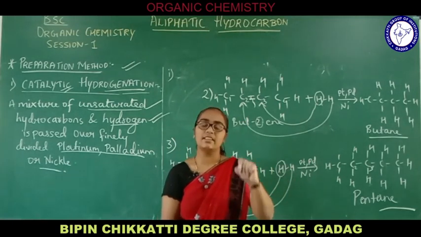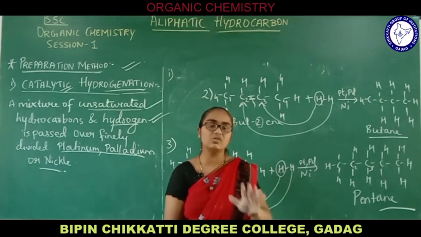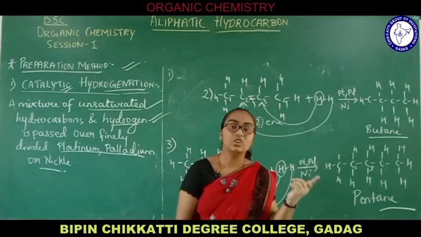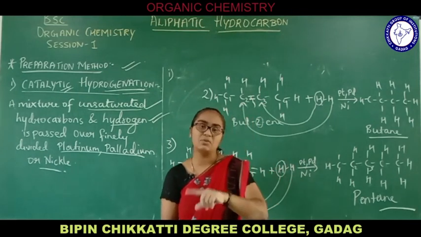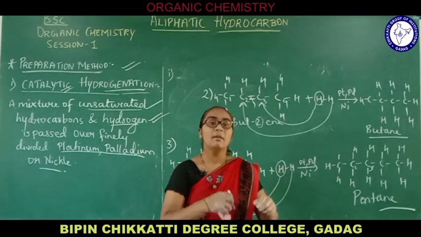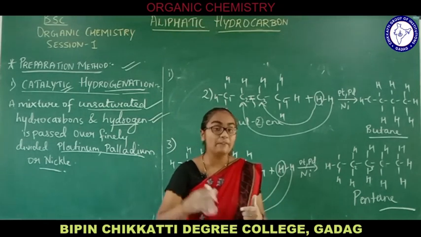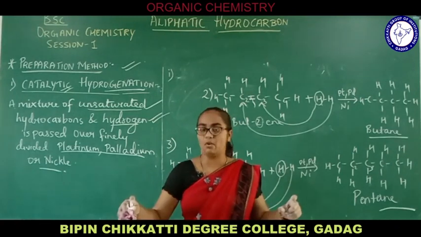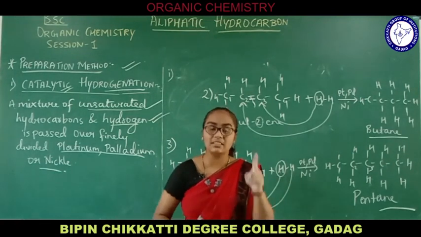Then you will understand in more detail. It's very simple: you just have to take n as 6 and substitute into the general formula, n as 7 and substitute into the general formula. You will get the molecular formula, and accordingly, by satisfying the valency of each carbon atom, you have to draw the structure in the open chain form, not in the cyclic form. That is the meaning of aliphatic hydrocarbon.